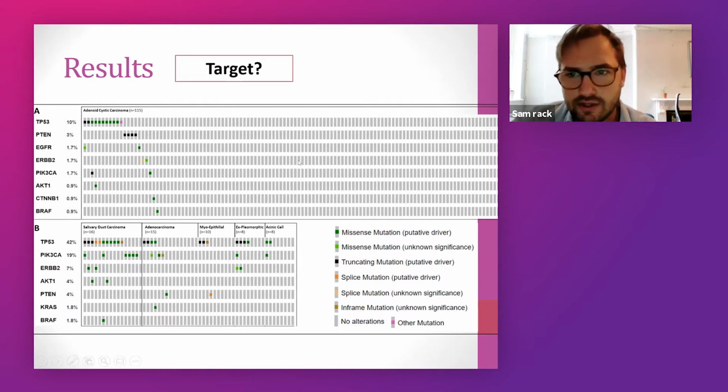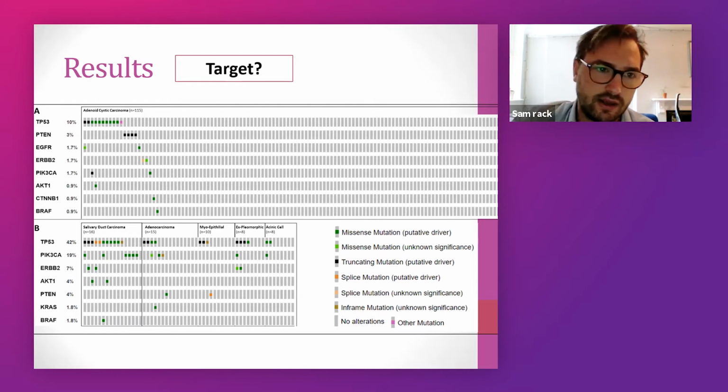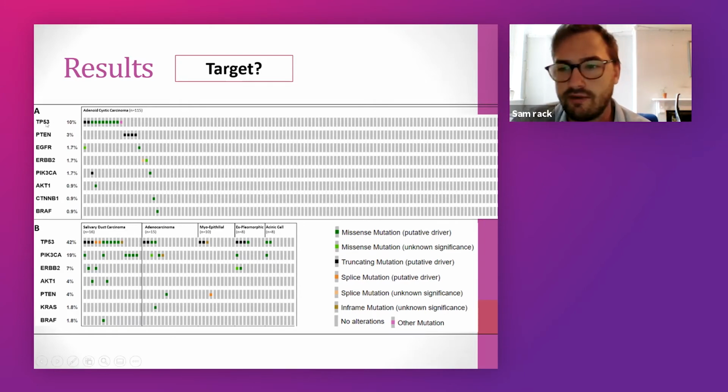If you can see my mouse, there are these bars along the top. Each column represents an individual's sample, or part of their tumour, and going across we can see the genes that we're looking at. In the top left, we've got TP53, and we can see that within adenoid cystic it's mutated or changed in about 10% of individuals.